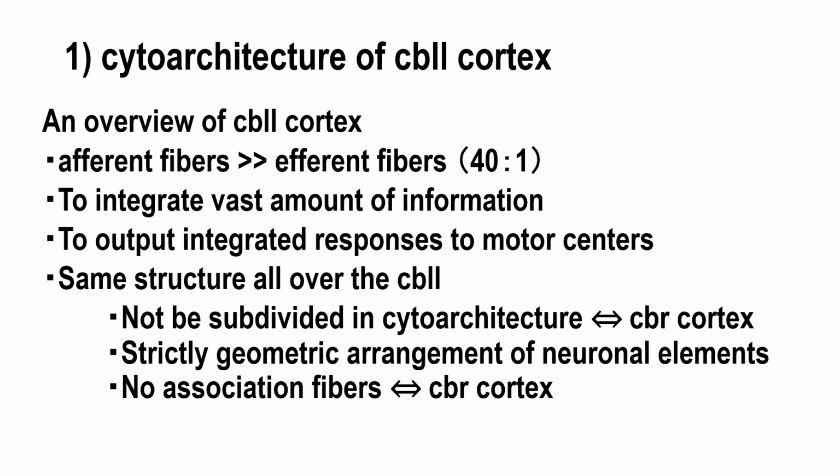The structural arrangement of the neuronal elements is strictly geometric, so the individual elements can be distinguished easily. The structure and internal connections of the cerebellar cortex are much better known than that of the cerebral cortex.